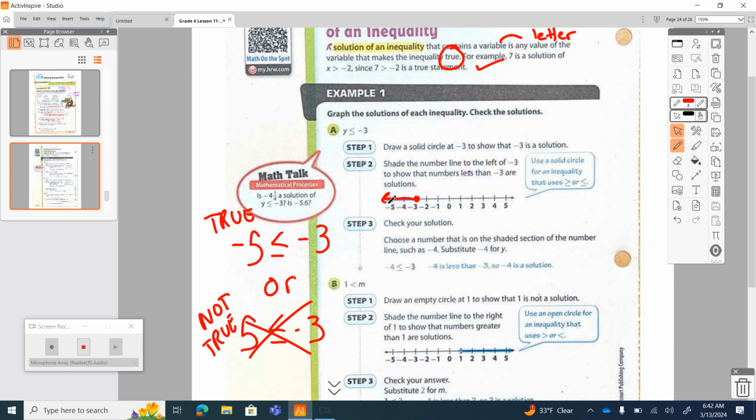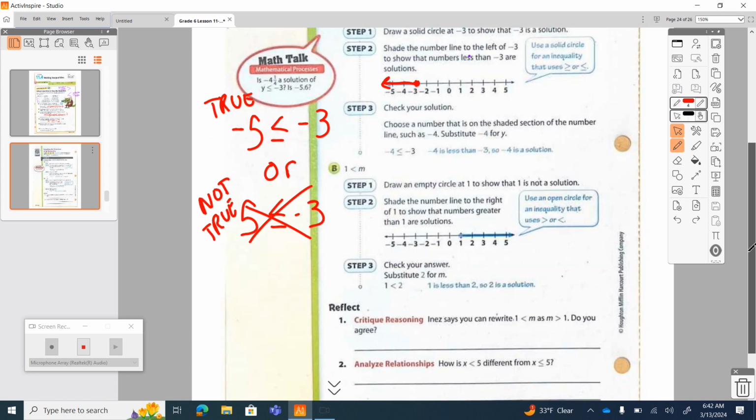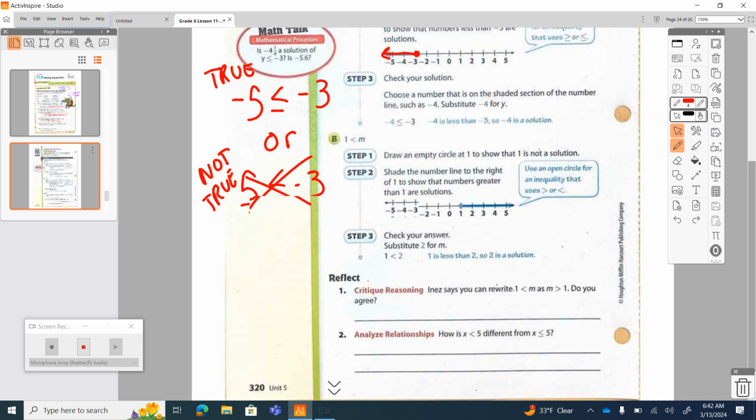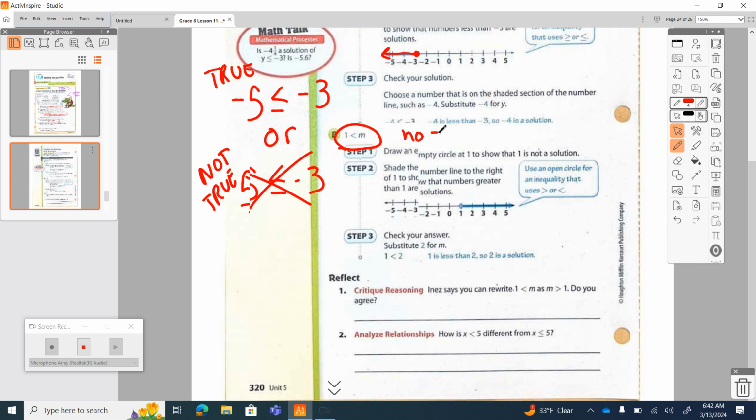Okay, and they talk about choosing a possible solution. If there's no equal sign as part of the inequality, then you draw an open circle.